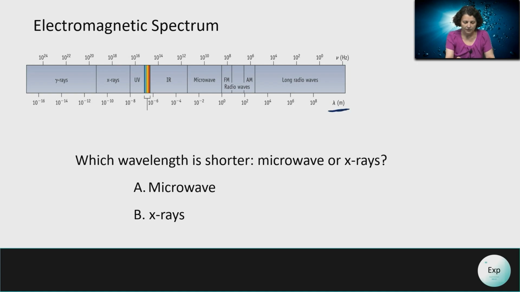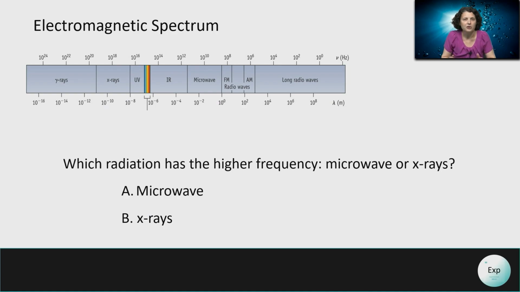We need to identify our microwave range, and we need to identify our X-ray range. And then we look at the exponents associated with our 10. And we find that microwaves are in the range of 10 to the 0 to 10 to the -2. And X-rays are in the range of 10 to the -10 to 10 to the -8. Of these two, the shorter wavelength will always belong to the X-rays.